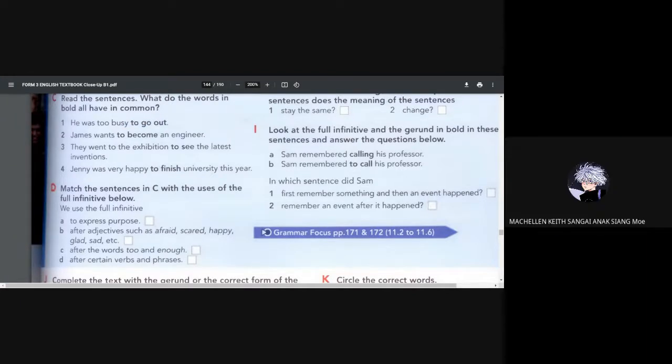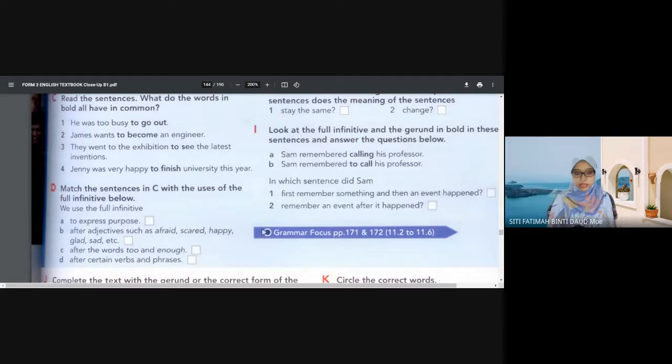Number 2. James wants to become an engineer. They went to the exhibition to see the latest invention. What about number 3?